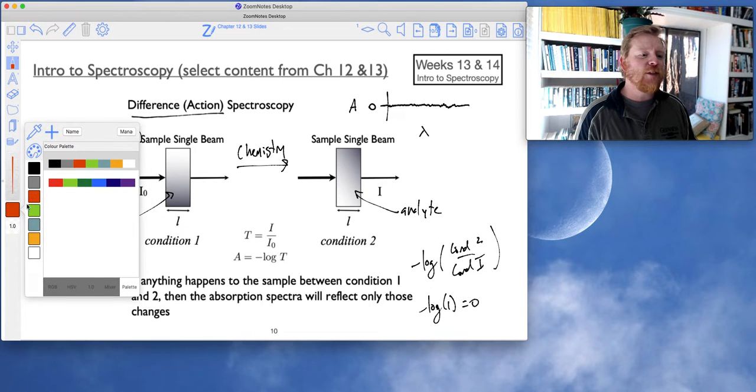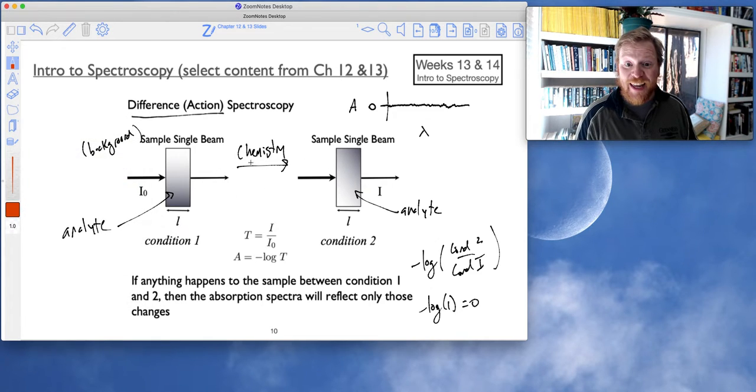So now let's suppose that something happens, that we do some chemistry in situ with the spectrometer.